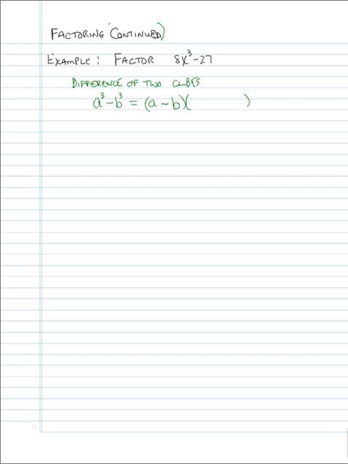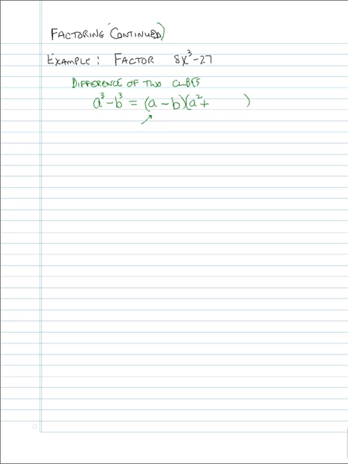Now we have a trinomial next as one of the factors, and as before, the first term is a squared. We look at this a and we square it to get that term. Now the sign that we have here next is plus. Notice before, when the sign of the binomial was plus, the first sign in the trinomial was minus.